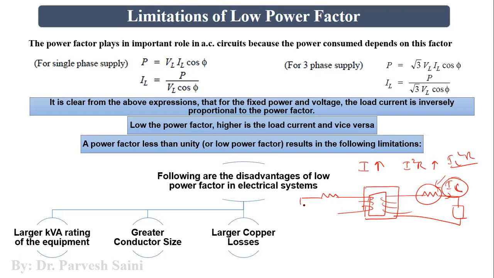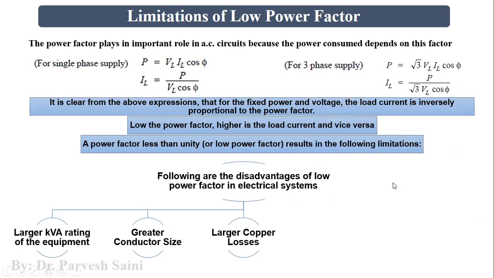If the load current increases, this will lead to an increase in the primary current also. So we will have larger values of copper losses in the primary and secondary as well. Increase in the load current will lead to an increase in the copper losses in case of electrical machines or transformers.